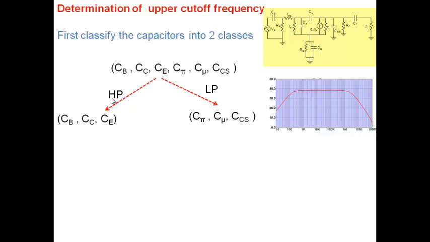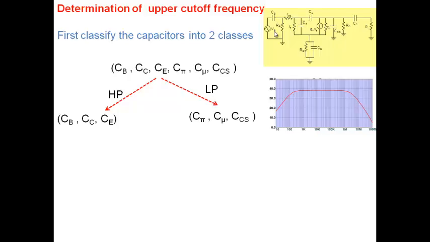Those that result in high pass behavior. This is a high pass behavior here. Note that it attenuates lower frequencies and passes higher frequencies. So classify the capacitors into 2 parts, high pass and low pass. Those that cause this kind of behavior attenuate higher frequencies, so that's a low pass.